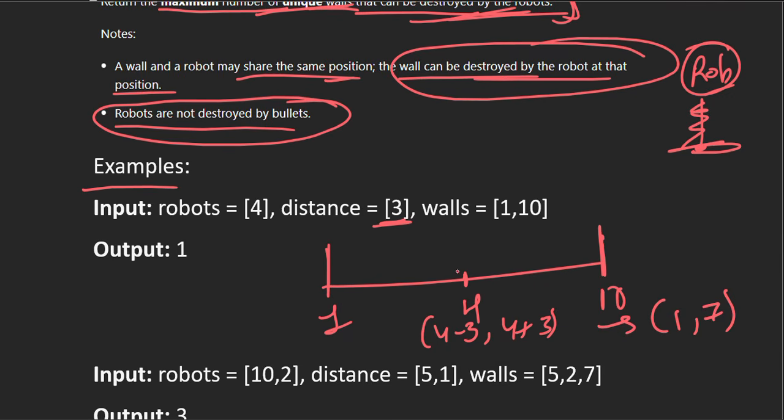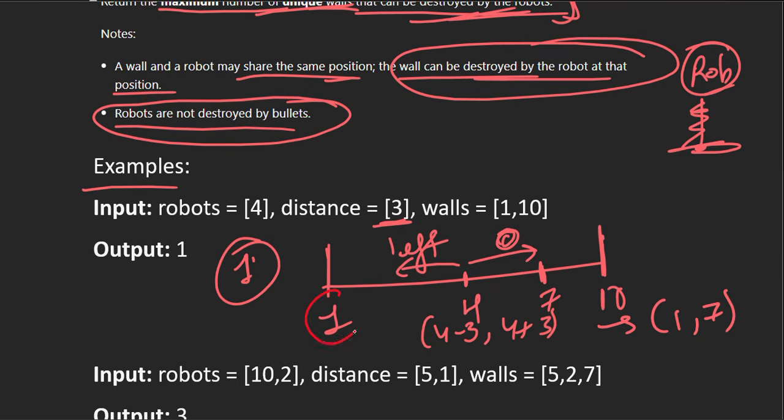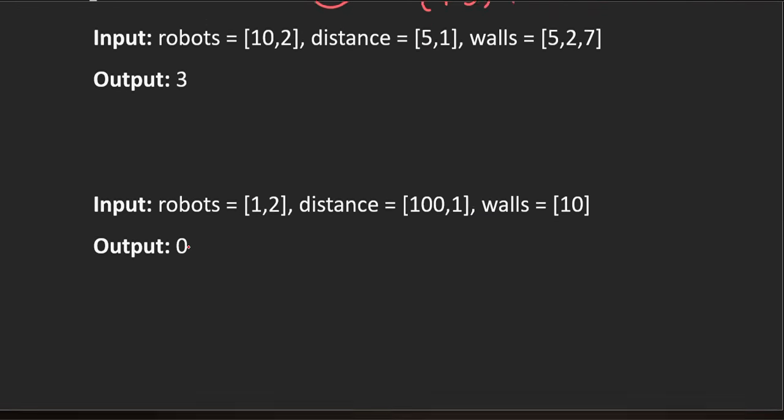If it shoots left, it can destroy one wall. If it shoots right, it can shoot up to 7, so it destroys 0 walls. We take the maximum, that is 1, so it shoots left and the answer is 1. Let's see the next example.